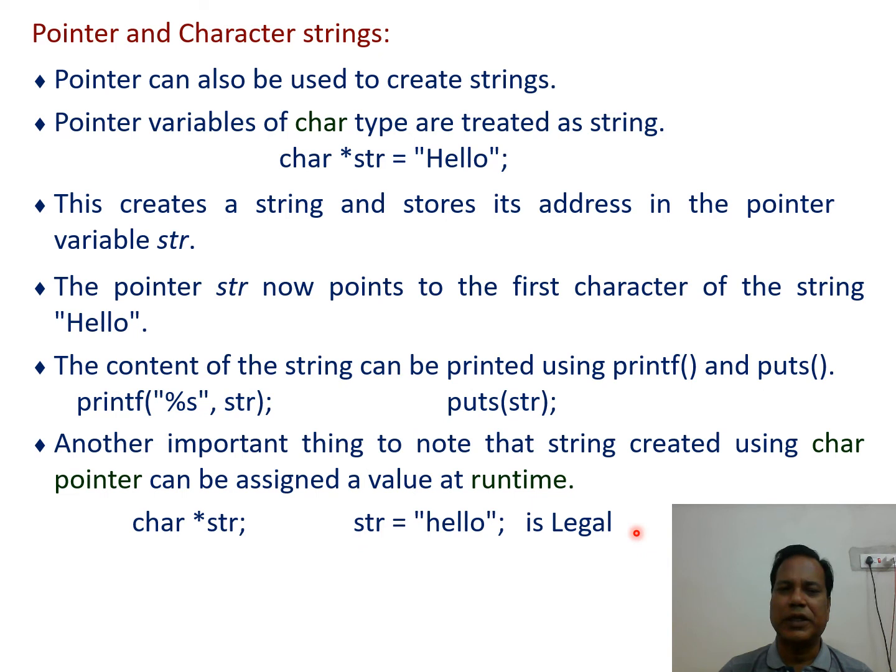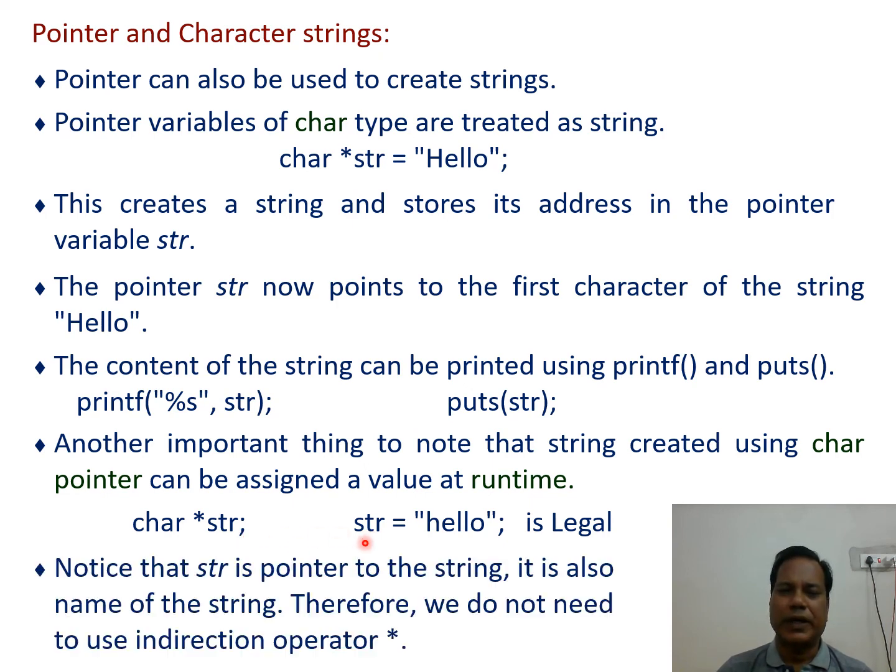This is legal. That is, we can assign a string to a pointer variable of the character type. Notice that str is a pointer to the string. It is also the name of the string. Therefore, we do not need to use the indirection operator asterisk.